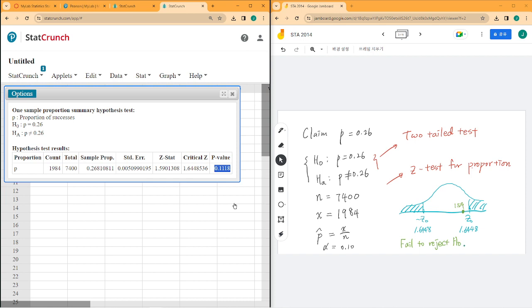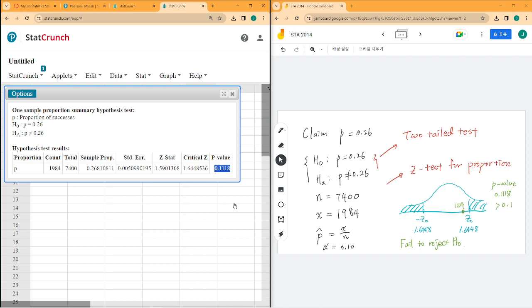Also, the p-value equals 0.1118, which is greater than 0.1. It means that we still fail to reject the null at the significance level of 0.10. Okay.